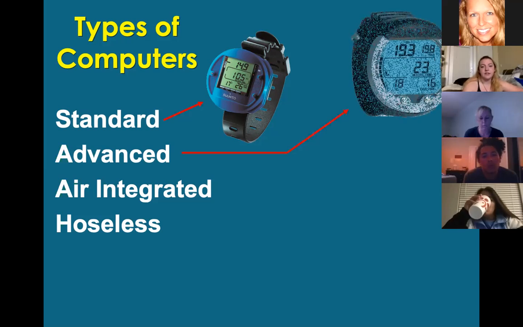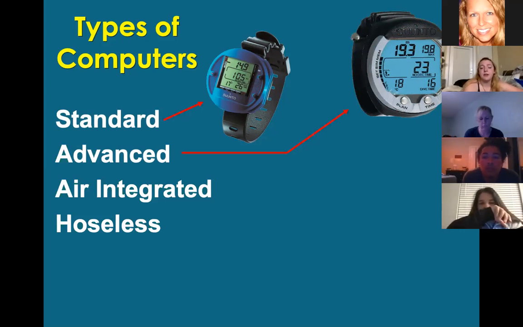And then there's advanced computers, which are gonna tell you more, like your maximum time that you can spend down there. It'll tell you your no decompression time. Some of them will give you group numbers or group letters. Some of them are really advanced and can really tell you a lot of information.